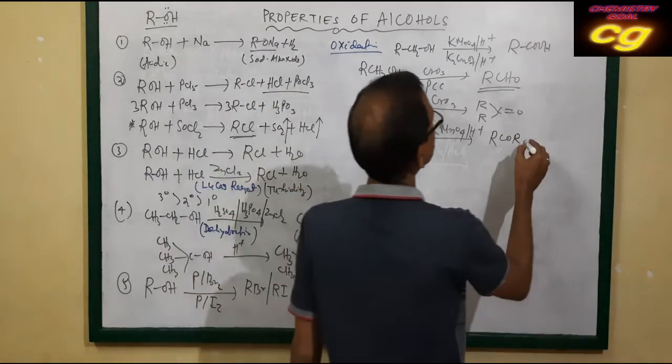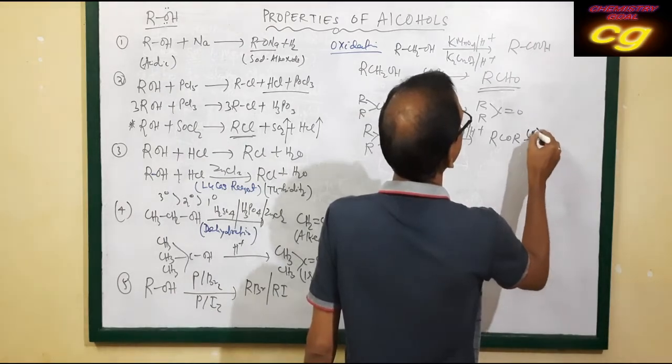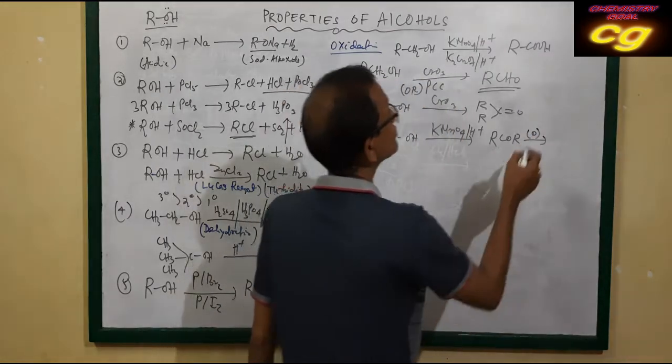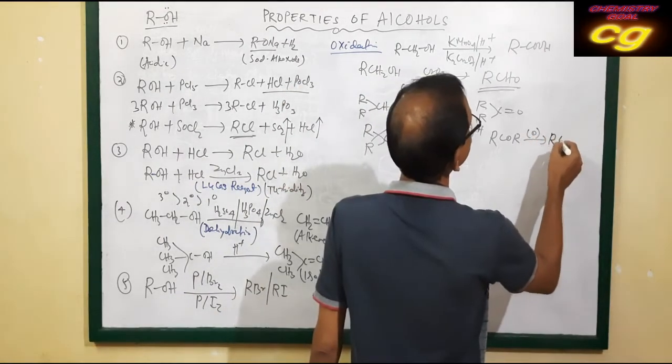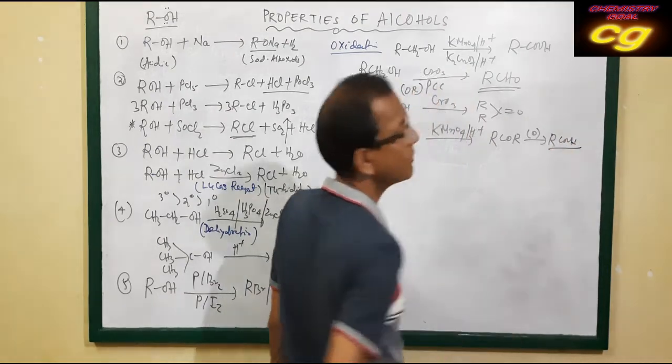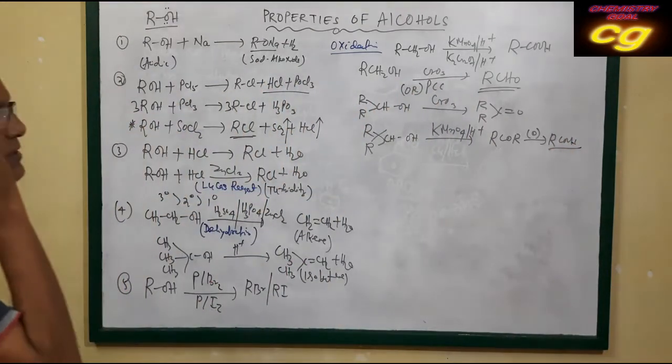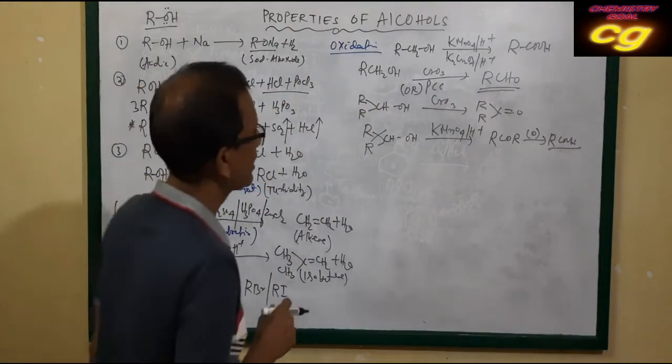Then on further oxidation, the C-C bond breaks and it produces lower members of acids. So it depends upon the oxidation.